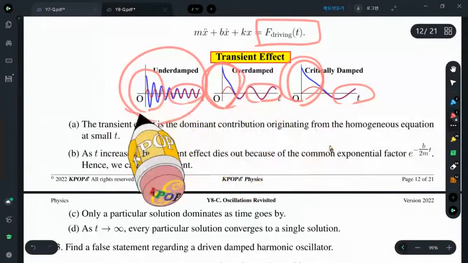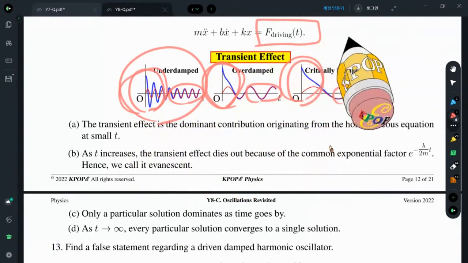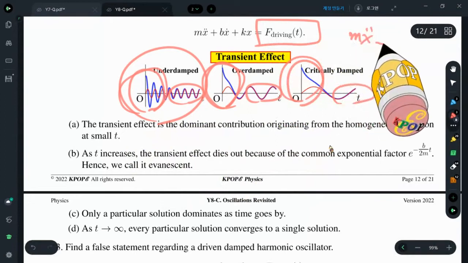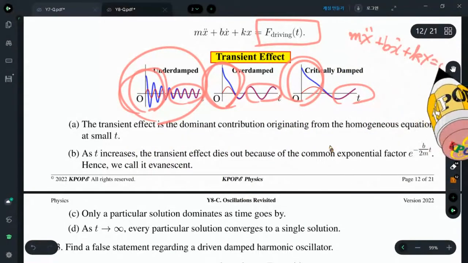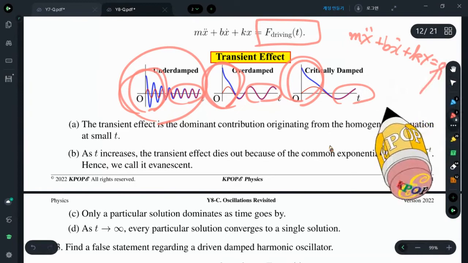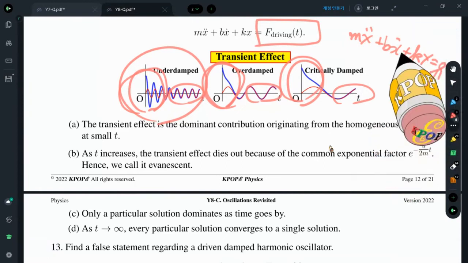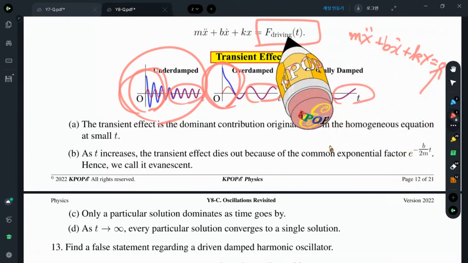That is the contribution of the solution with the right-hand side 0. Mathematically, we say it is a 0 means it is a homogeneous equation. And that is a damped harmonic oscillator without driving force.